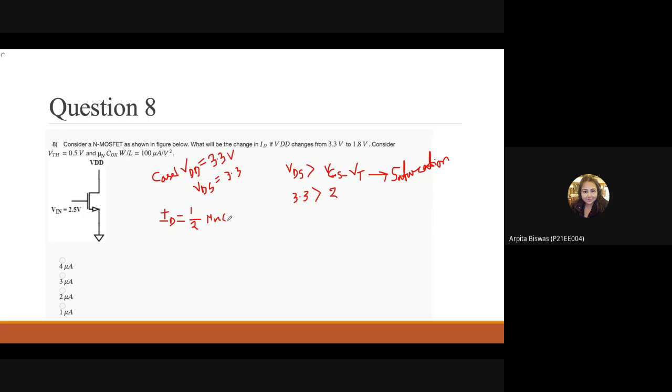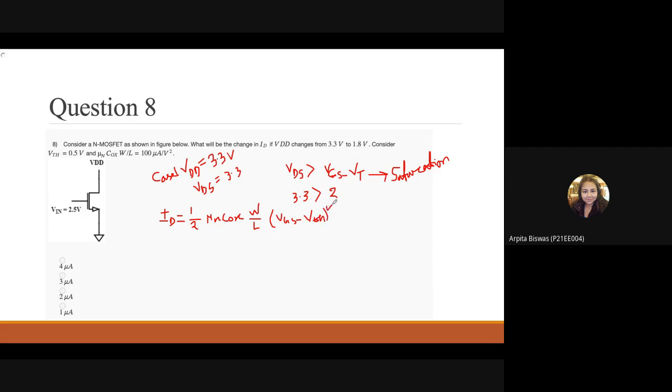Half of mu n COX W by L, all the values are given here, into (VGS minus VTH) whole square.